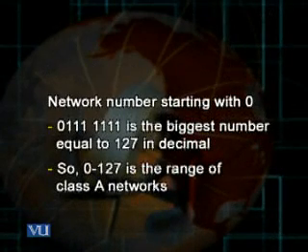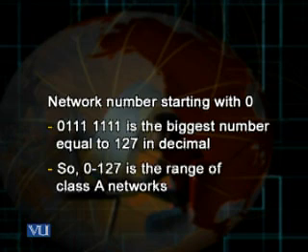For class A networks, 0 and 127 are excluded, they are not put to any practical use. So we are left with 126 possible class A networks. Now, how do we reach the figure 16 million? I told you that there are 16 million host machines which can be accommodated at a maximum in class A type.